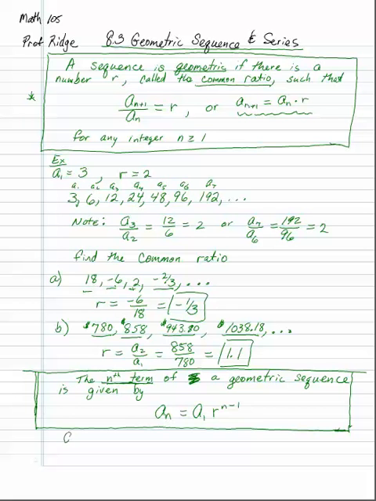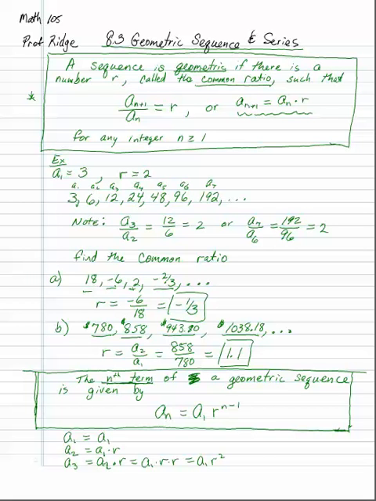So if you think of it, a1 is given as a1, a2 is a1 times r, a3 is a2 times r, but a2 is a1 times r, so a3 is a1 r squared.